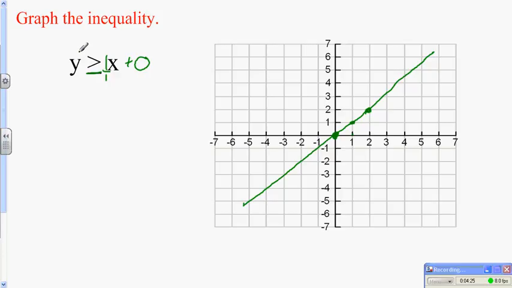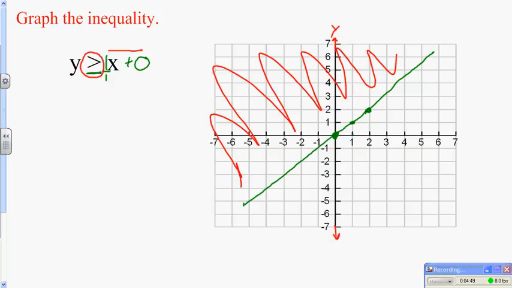I want to ask you which y's on this axis are greater than or equal to the line you drew. Again, y's get greater as you go up and less than as you go down. So the y's that are greater than this line you drew are up here. So all those would work.